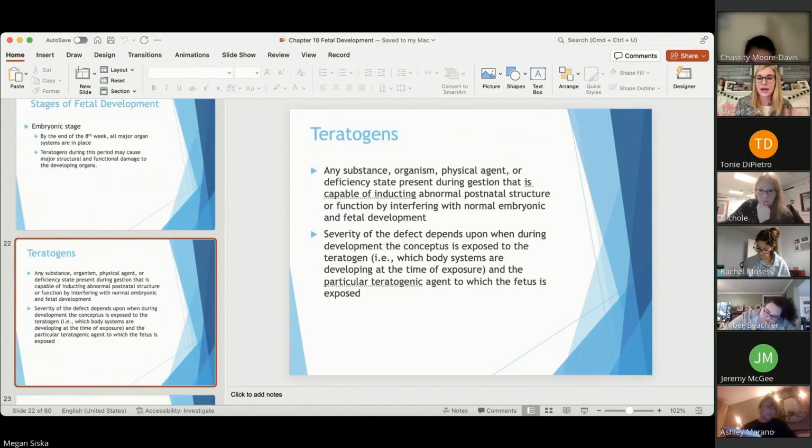So teratogens are any substance or organism, physical agent, or deficiency during gestation that is capable of causing some type of anomaly or disrupting normal fetal development. The severity of that defect, like I said, depends on what we were exposed to and what time in that fetal development process we were at.